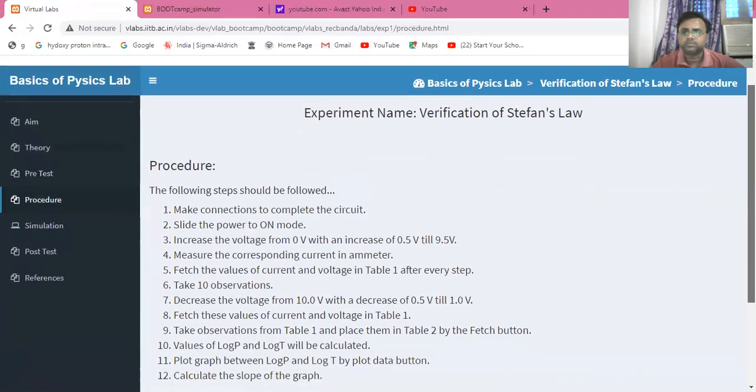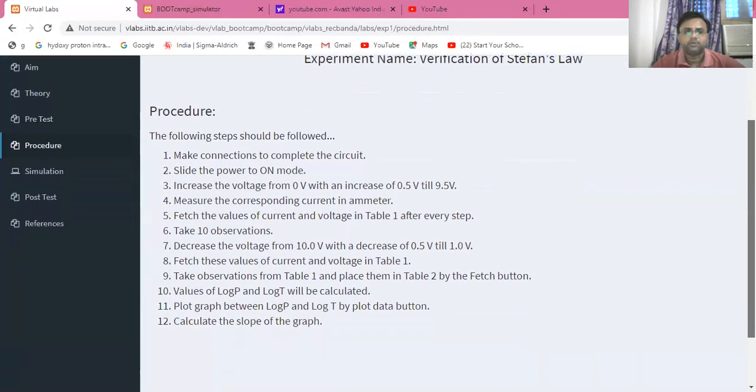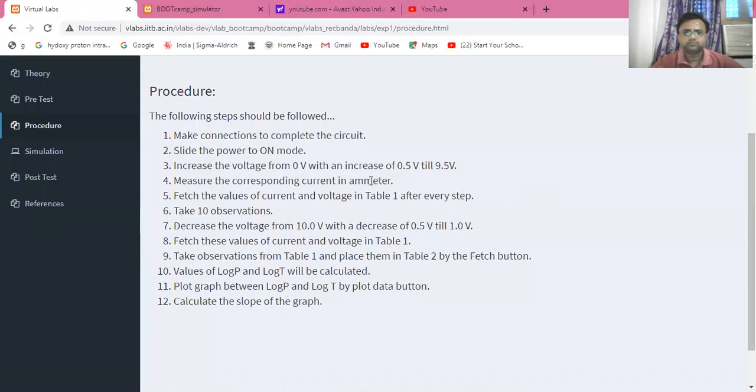We must follow these instructions to make the connection, then switch the power on and increase the voltage from 0 volt in steps of 0.5 volt up to 9.5 volt, and this is the process.